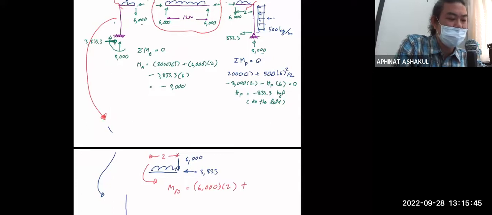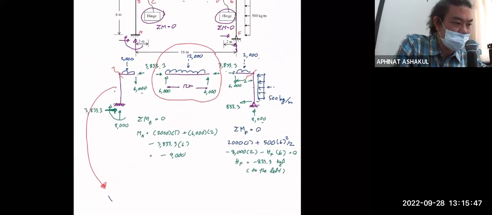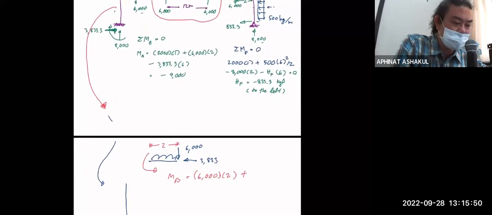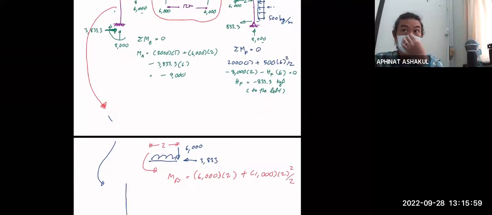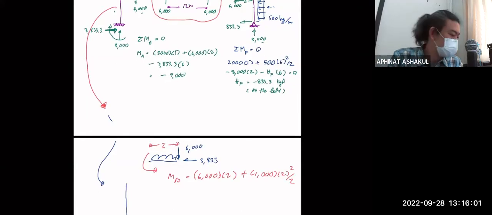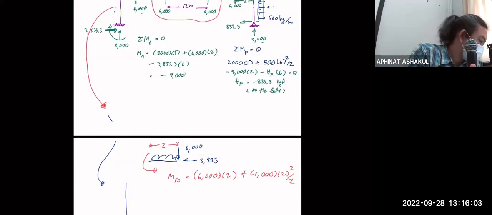And then plus the moment from the uniform load, which is 1,000 multiplied by 2 squared over 2, again. Which is 14,000 kilogram meter.